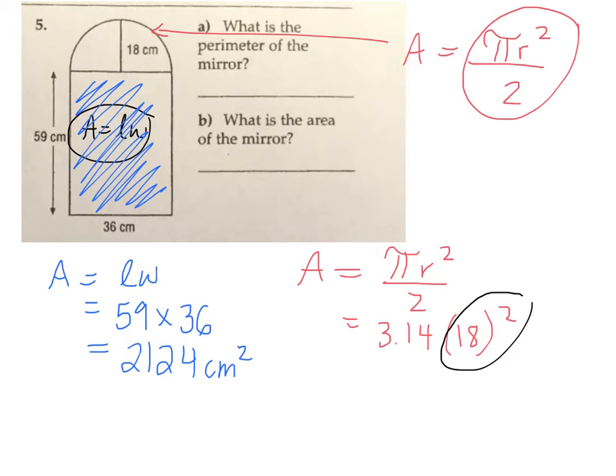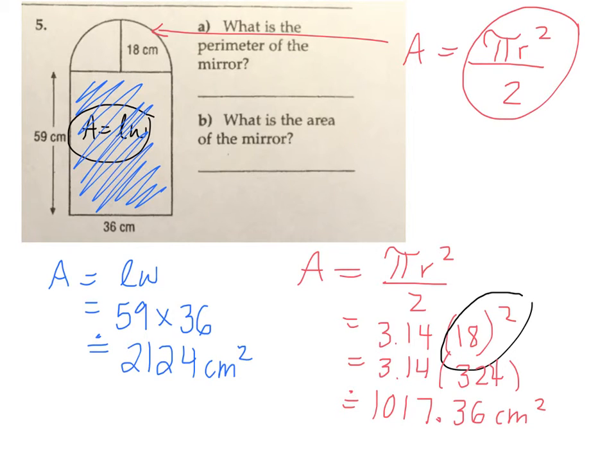We're going to simplify our exponents first. What's 18 squared? What's 18 times 18? 324. So we're going to multiply 3.14 times 324. And again, because I use 3.14 for pi, this is an approximate answer. Times 3.14, and we get 1,017.36 centimeters squared.